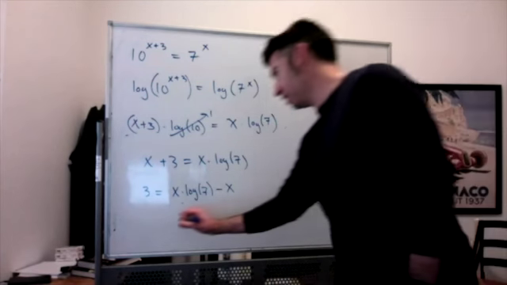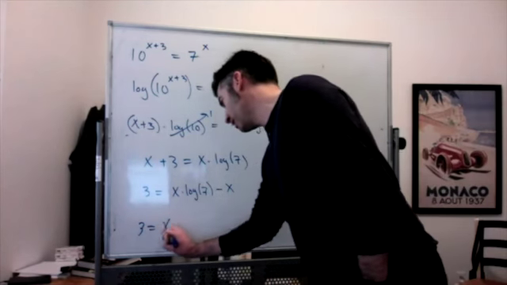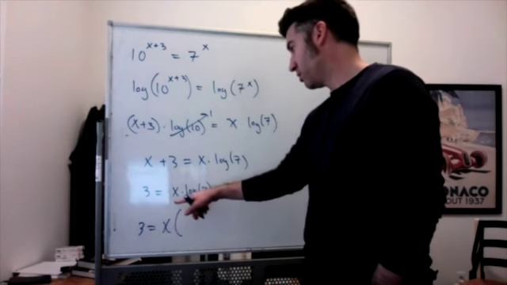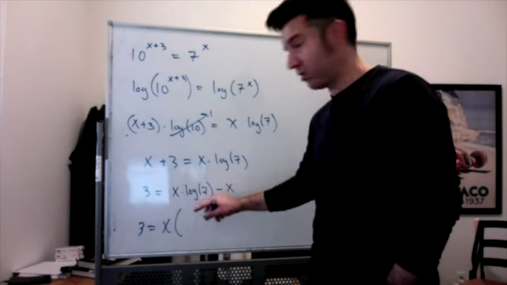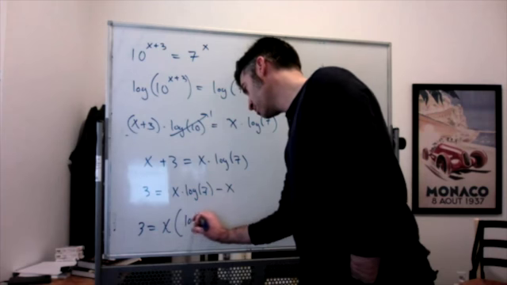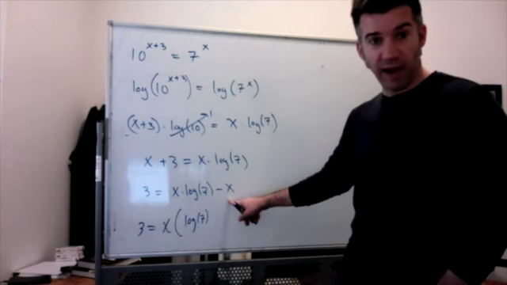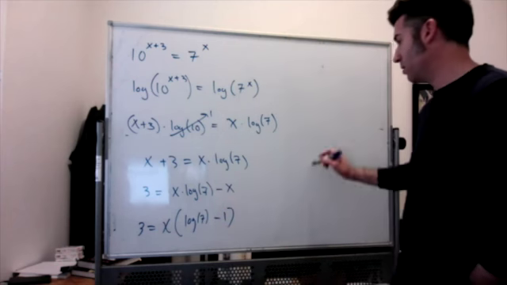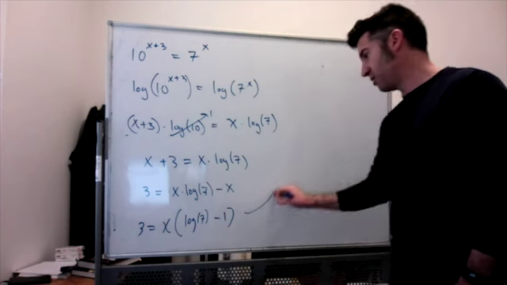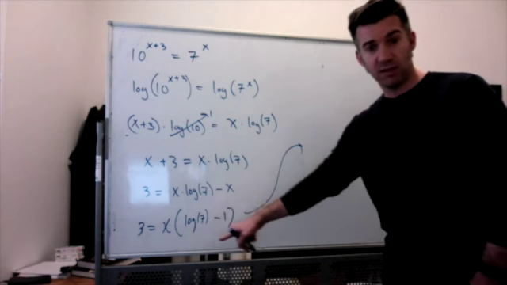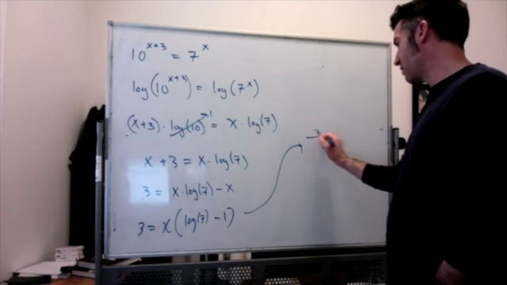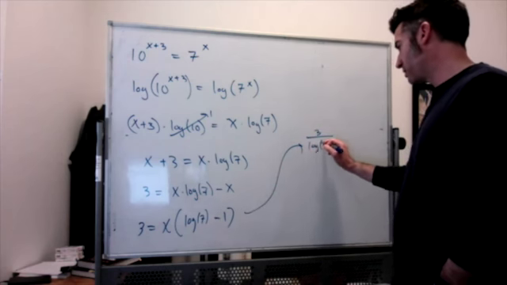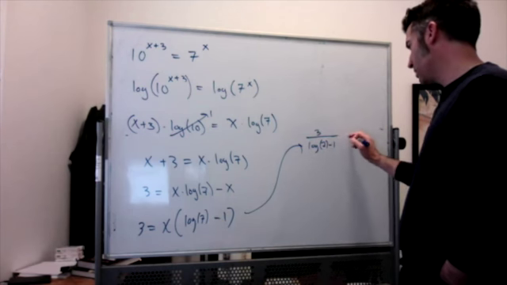And then to be able to solve for x, we have to factor out an x. So I'm going to say 3 is equal to x times this. When I divide out an x, we're left with log of 7, and with this one, when you divide out an x, we're left with 1. So then if I divide both sides by log of 7 minus 1, I get 3 divided by log of 7 minus 1 equal to x.